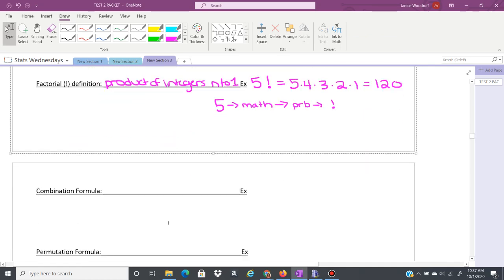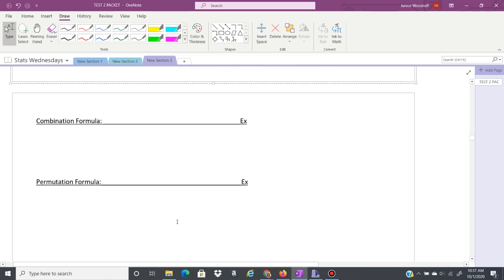Next, we have the combination formula. Combination is when you are selecting, so here's the formula. It goes like this: nCr equals n factorial over n minus r factorial and then r factorial.